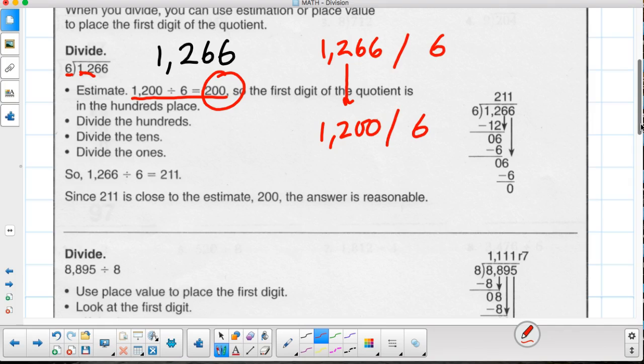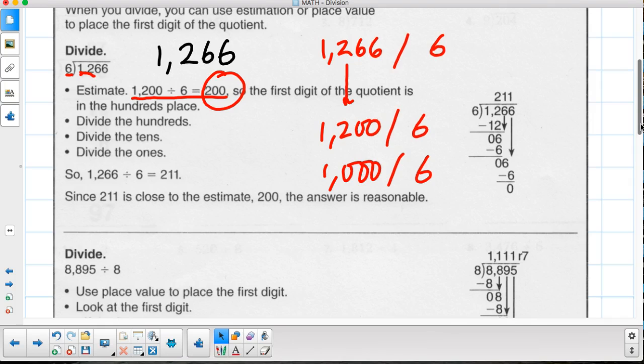But before, if I said to you, round 1,266, what would you round it to? You remember? You would round it to 1,000. I would. Somebody tell me why I can't. Somebody tell me why. I'm going to put an X over this and say wrong.